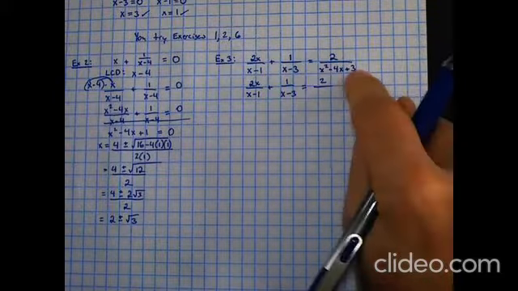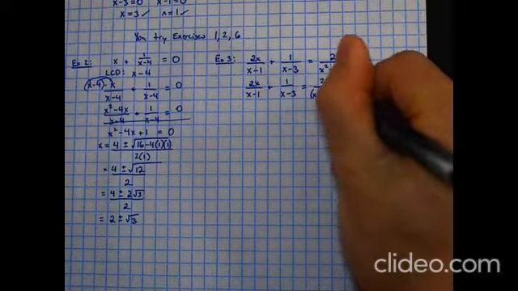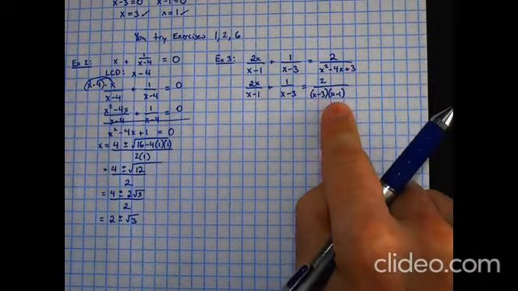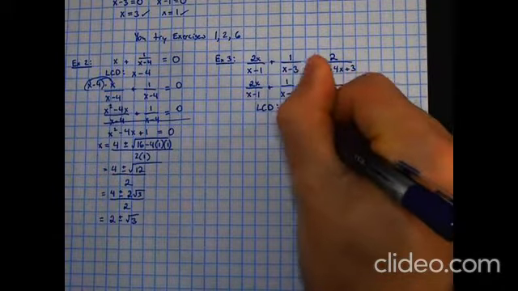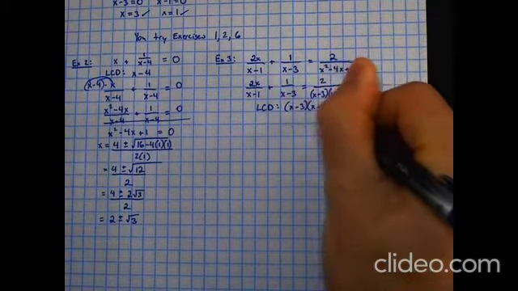So factors of 3, they give us negative 4, and that's x minus 3 and x minus 1. So this one has x minus 3 and x minus 1. This term has x minus 3, this term has x minus 1. So our LCD here is going to be x minus 3, x minus 1. So I'll have to give this first term x minus 3, top and bottom, and the second term will need x minus 1.